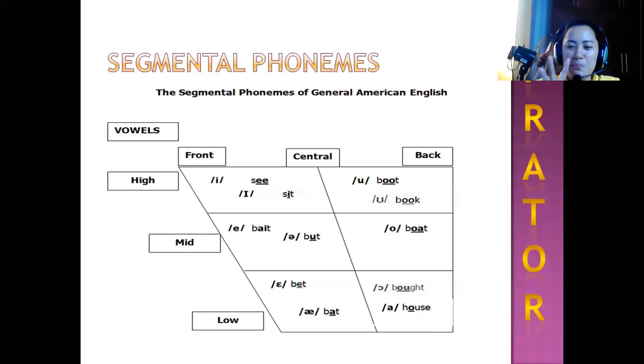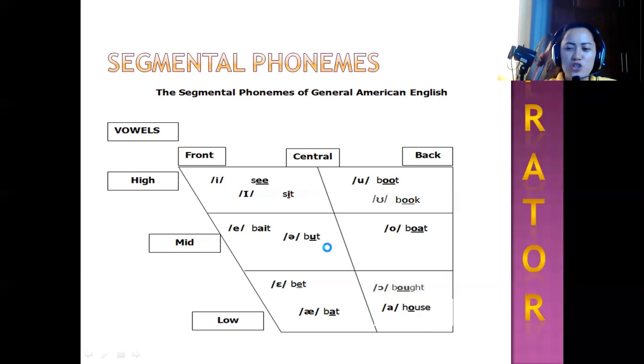So the spelling of the words uses the letter O, but the sound is mop, like that. Okay, so don't be confused.